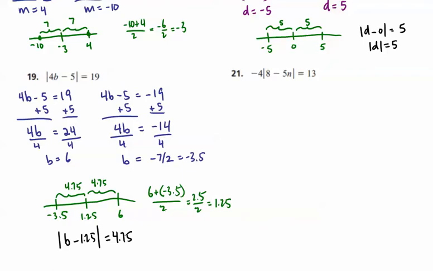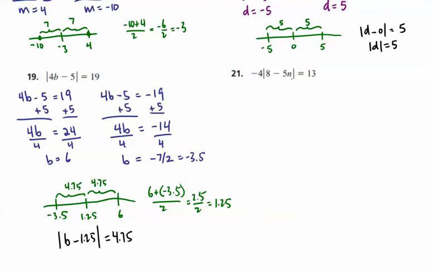So these two absolute value equations are equivalent. The second one is simpler, and we can see what it's asking. What the original question is really asking is, what number or numbers are 4.75 units away from 1.25 on a number line? All right, let's go on to number 21.